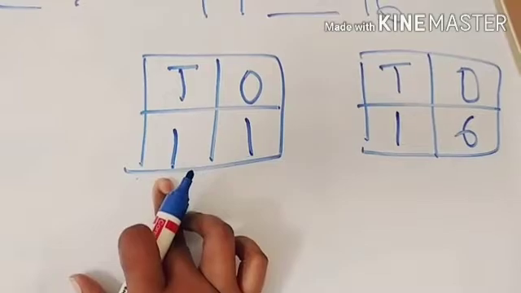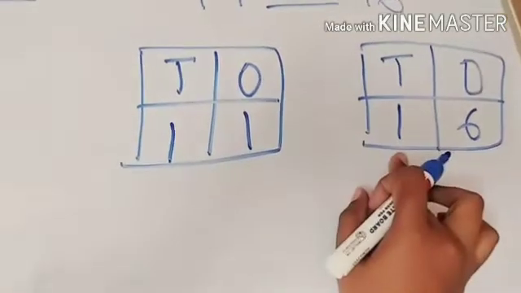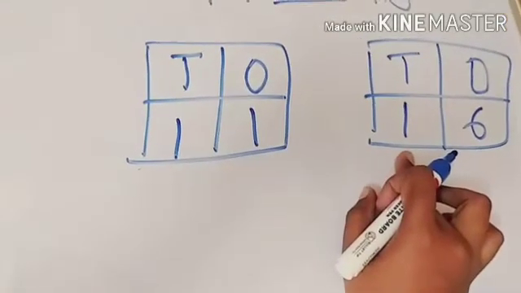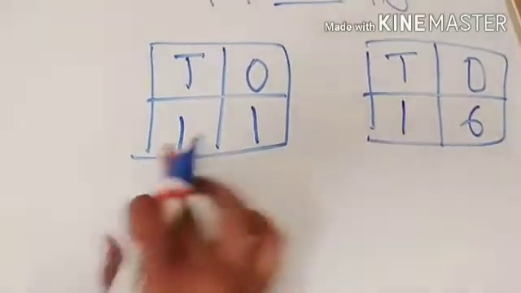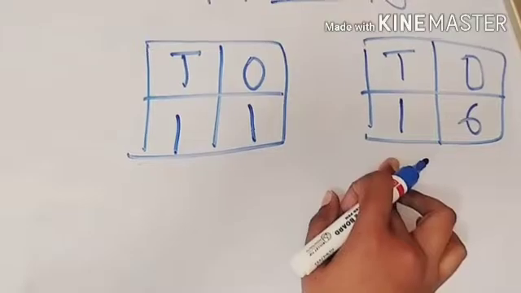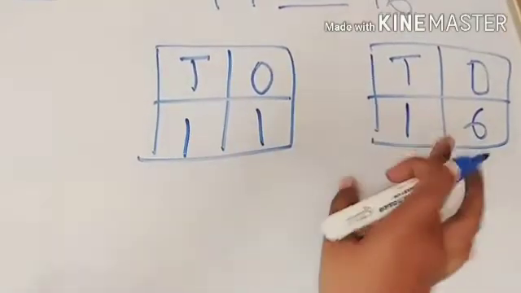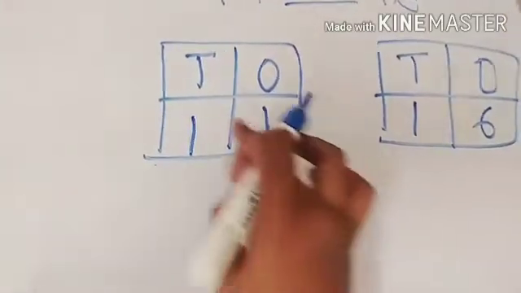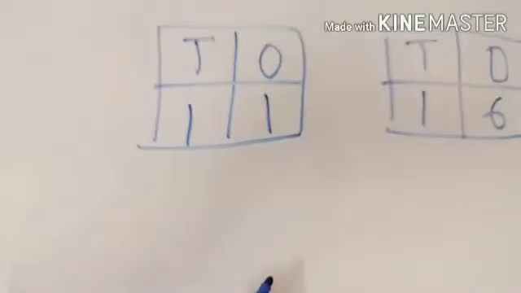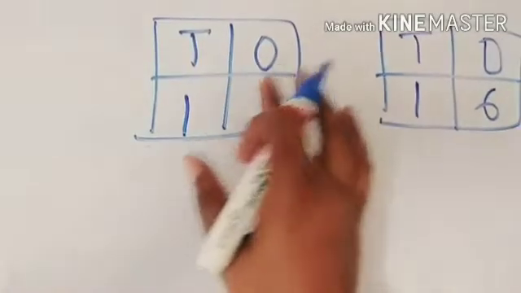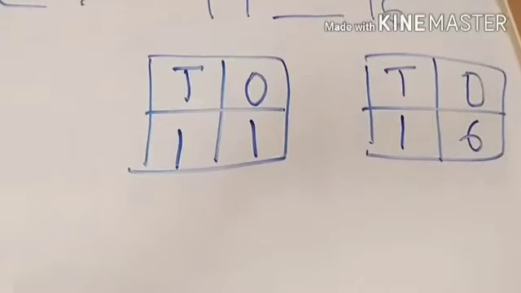Here also in tens place 1 is there, and here also 1 is there. If the numbers at tens place are the same, then we are going to look for the number at one's place.